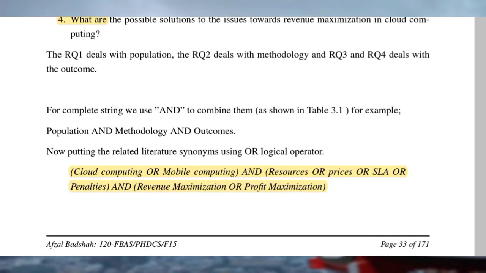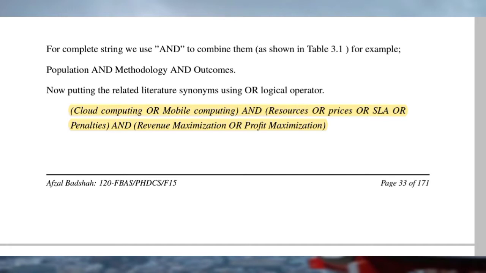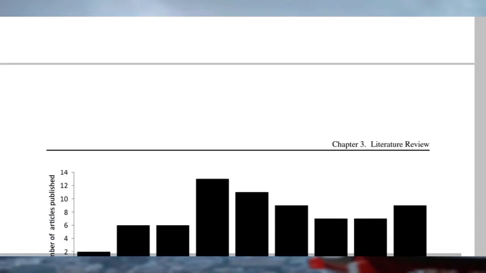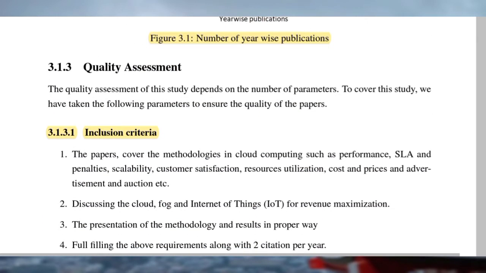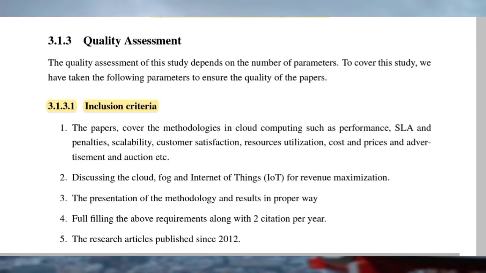But once you create and clearly define the search string, and implement the methodology as we just discussed, where we include the population, the outcome, and the methodology techniques, then it is sure that it will give you top papers, which will be closely related to your research paper and to your literature review.